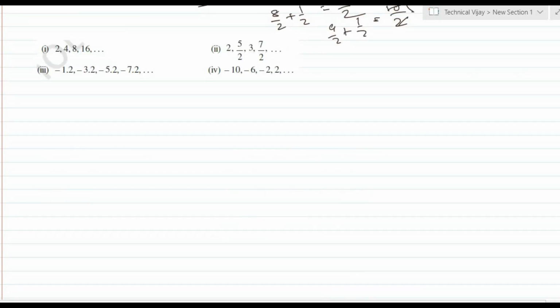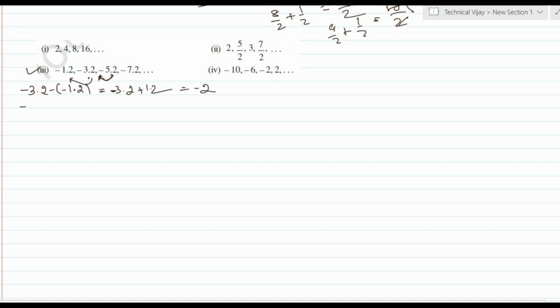That is the third question. Here the third one we will solve: minus 1.2, minus 3.2, minus 5.2, minus 7.2. To find out whether it is in AP or not, second term minus first term, that is minus 3.2 minus of minus 1.2, which is equal to minus 3.2 plus 1.2, which is equal to minus 2.